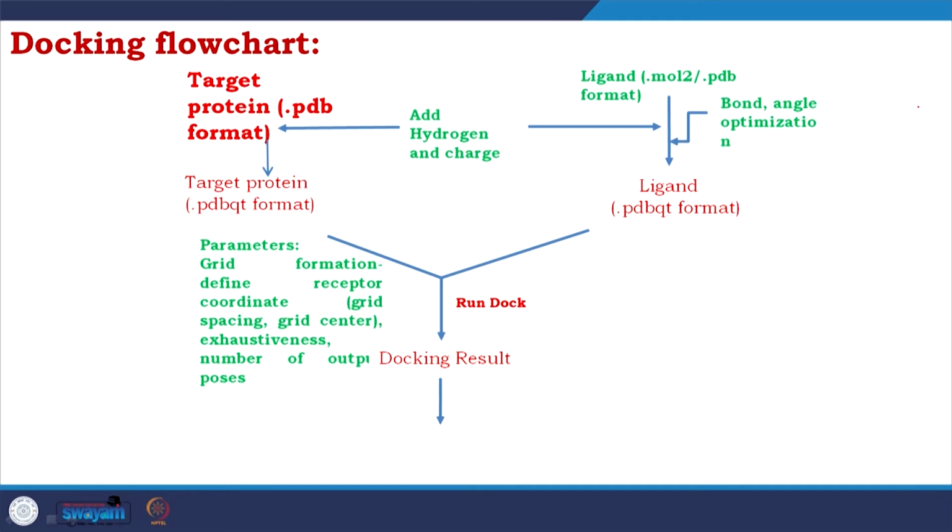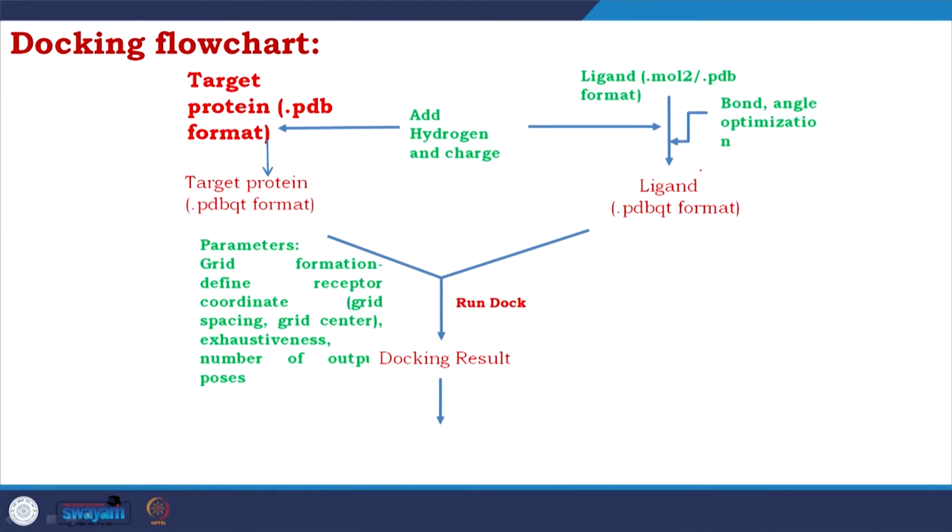First, you have to add hydrogen and charge. When you add hydrogen and charge, both protein and ligand become .pdbqt. This is very important because docking works only when they are in .pdbqt format. .pdbqt is a docking specific format.